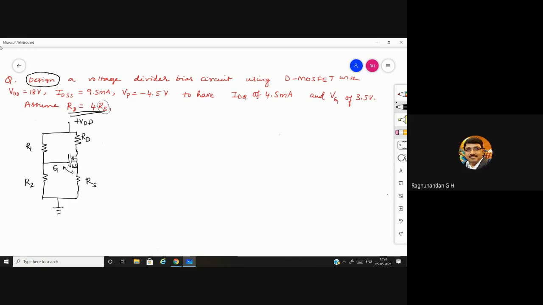No, that cannot be applied here because this is LPT. Sir, not sure, but since we know VGS value as 3.5 volt, we can find R2 because that is typically the voltage across R2, right? But you need current.